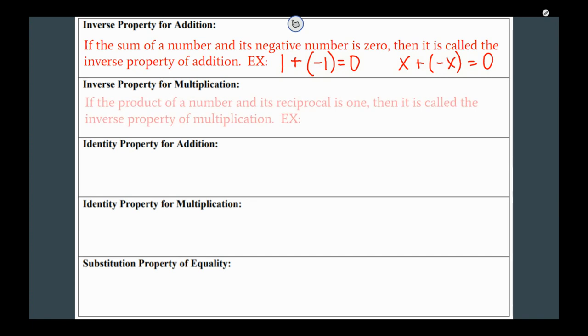Okay. Inverse for multiplication. The product of a number and its reciprocal is 1. Well, the inverse property of multiplication.